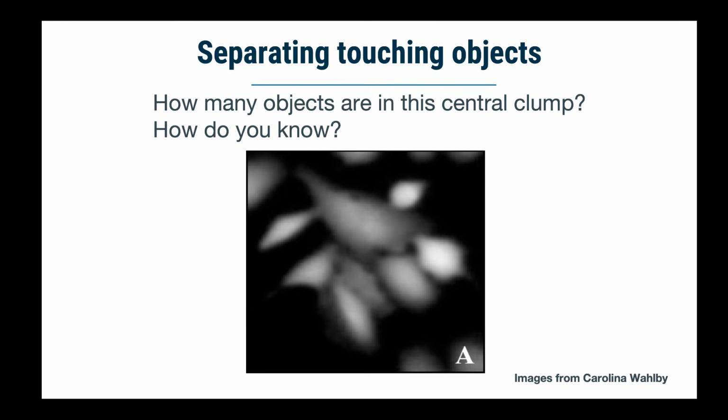But it's also extremely important that once you have found the threshold and found what parts of your image are signal or not signal, that you actually are able to go through and identify and break things into objects. We don't just want to know that this central area of this image is positive. We want to know that there are 1, 2, 3, 4, 5, 6, 7, 8 cells in it.